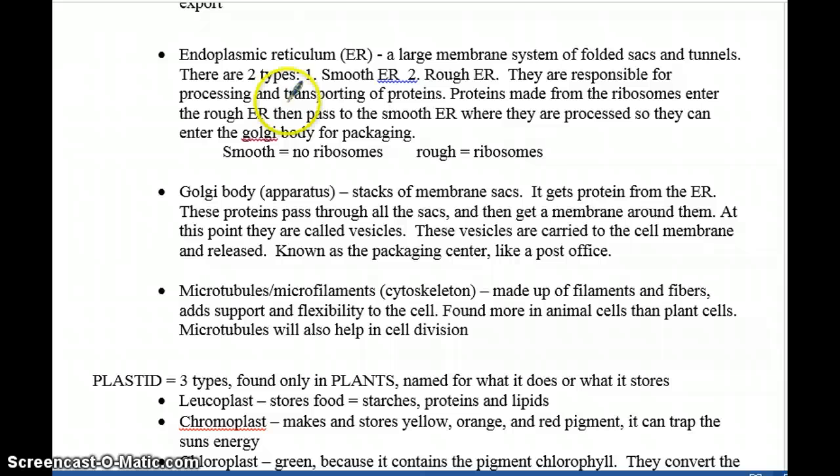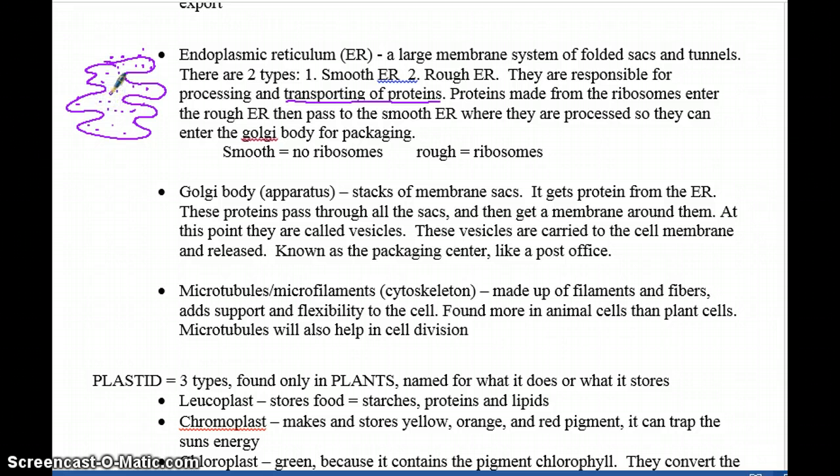It's responsible for transporting proteins. And it's this membrane of folded sacs and tunnels, so it looks like this huge maze that is coming off of the nucleus. I cannot draw it very well, so I just kind of draw something like this. Okay, that would be the smooth ER. This would be the rough ER, and all those dots are the ribosomes.